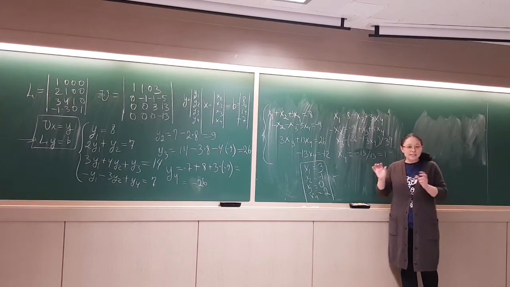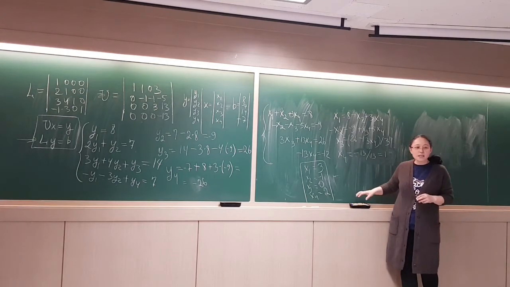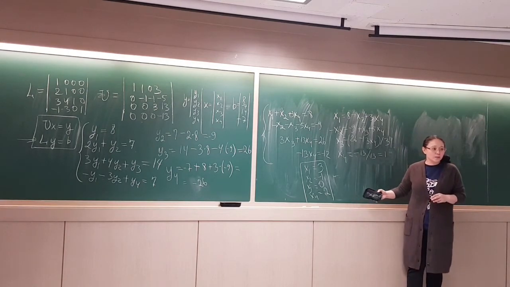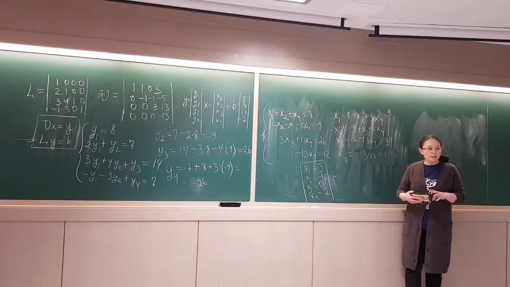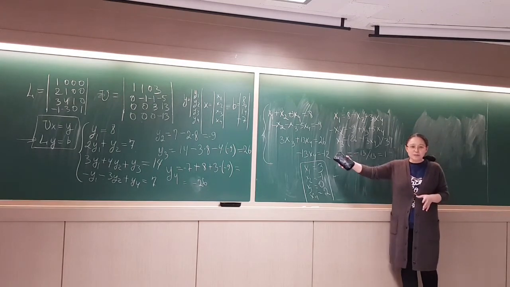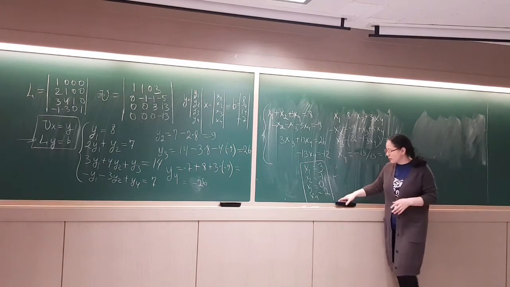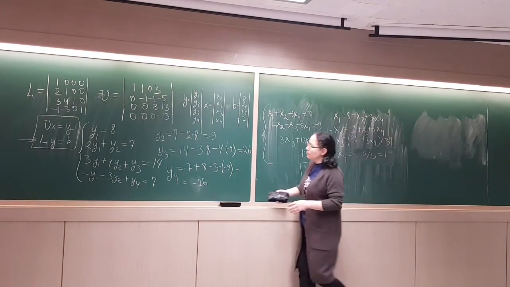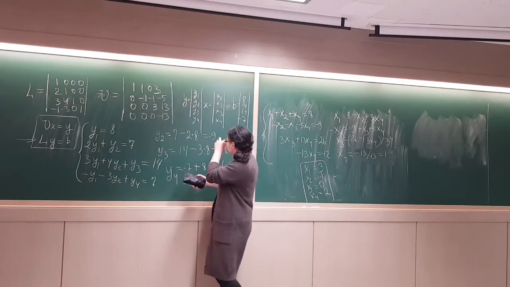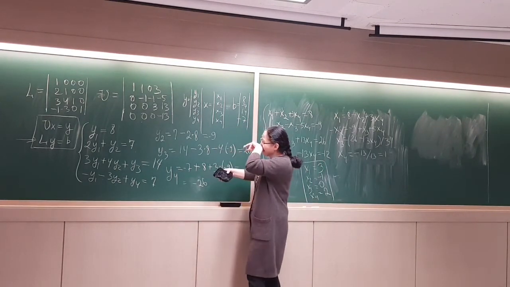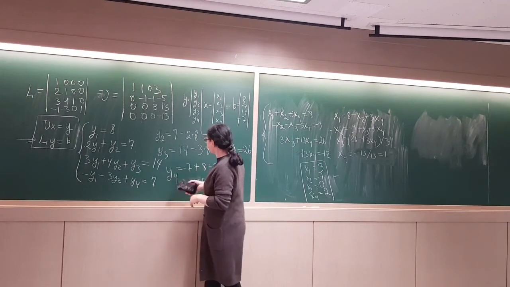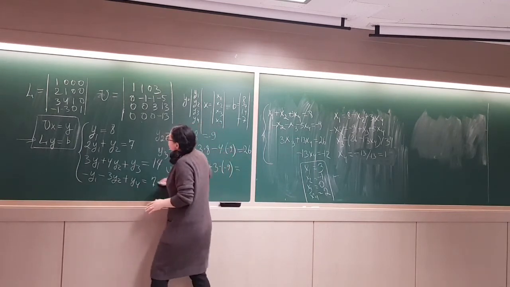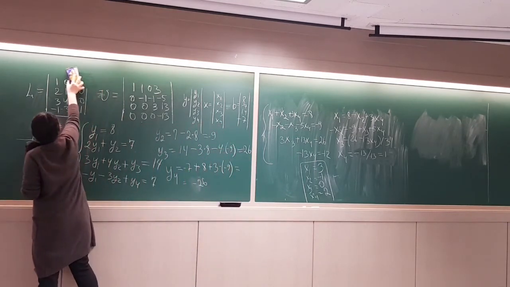We need to always check. How can we check if it is correct or not? We need to check from the A matrix, right? Let's see this from the A matrix. Where is the A matrix? Okay, I will write the A matrix here.